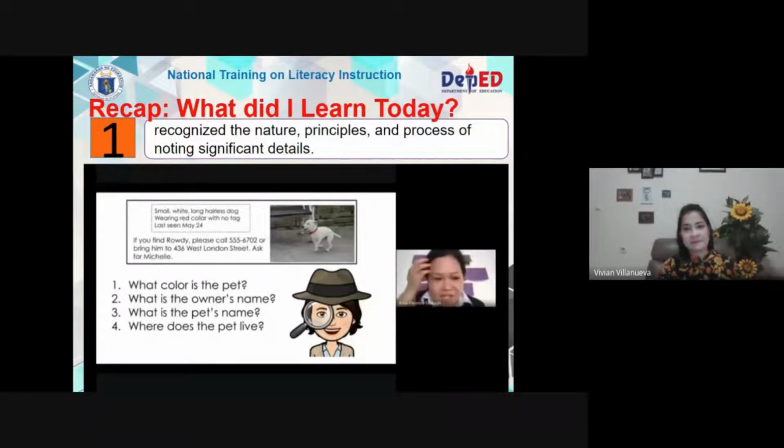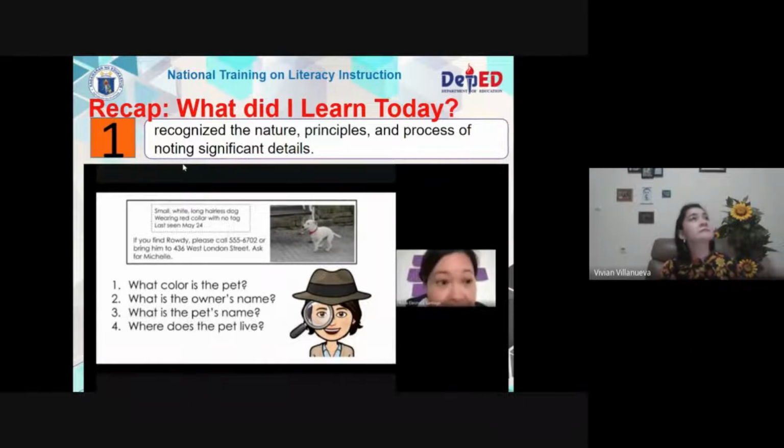Can you tell us where that pet lives? In its owner's house. Ooh, was that information given in the text? Where will we find the owner's house? Can you read it for us?